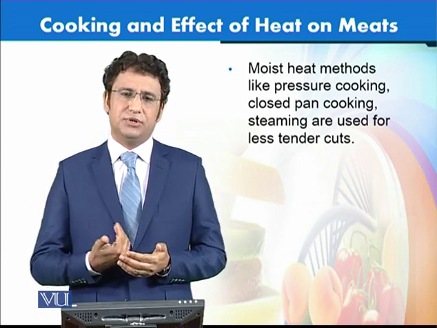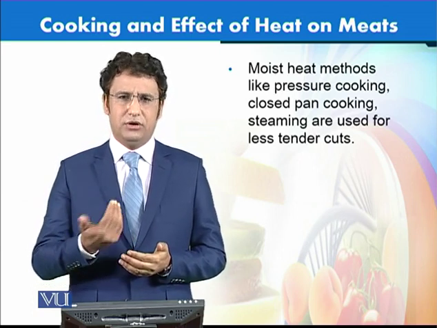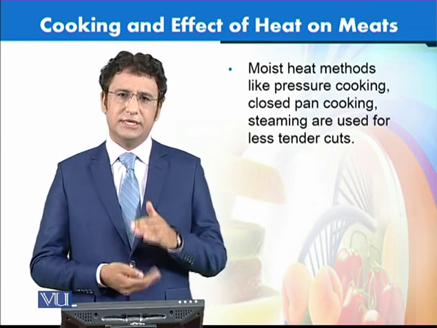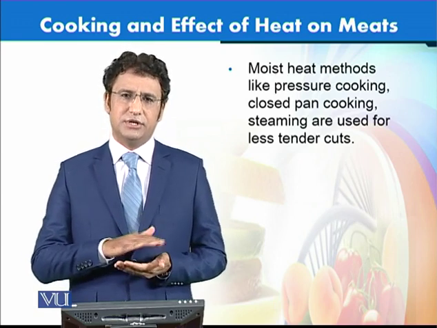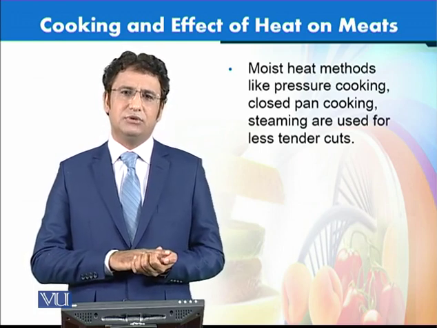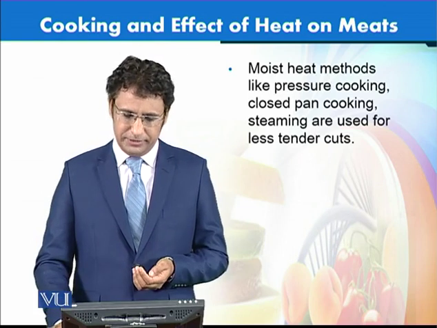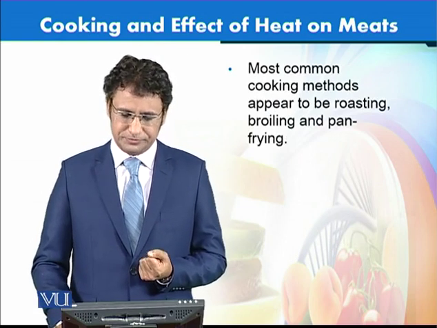In order to make them soft, either we cook them for a very long time, which would reduce their nutritional value, or another option is to increase the pressure. Increasing the pressure would speed up the process of cooking, and we can have the desirable changes in the cooked meat here.